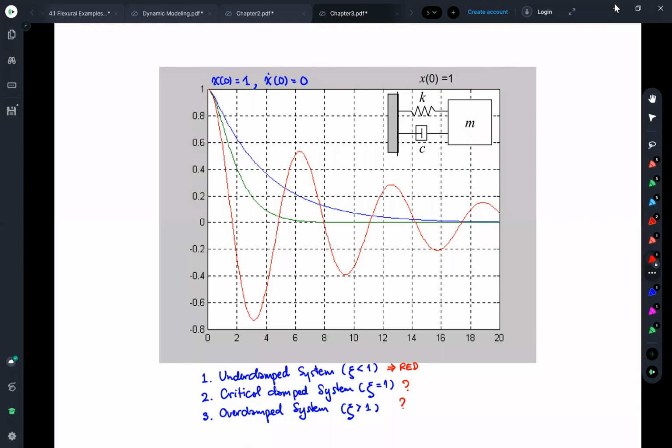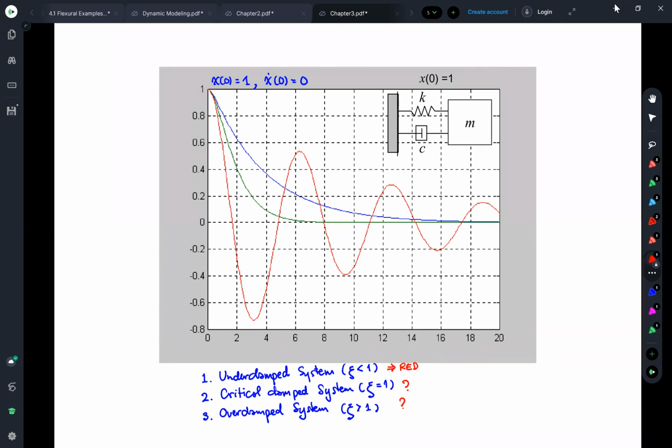Almost all of you say number 1 is red, number 2 is green, and number 3, the overdam system, is blue. Only 1 or 2 of you noticed it's quite different.